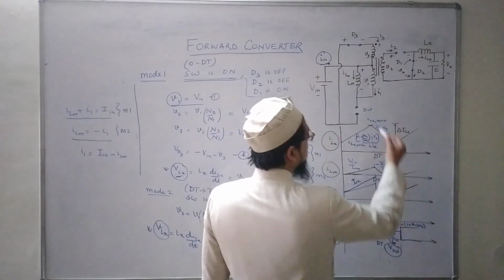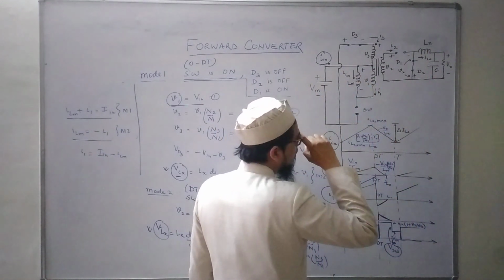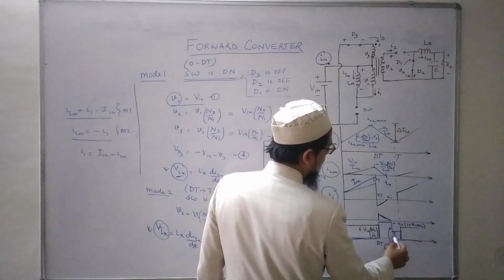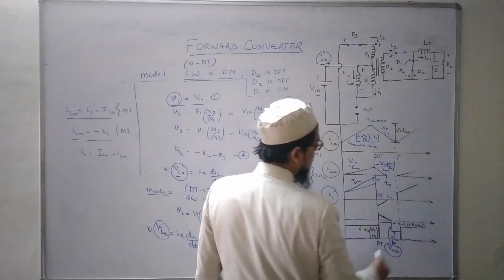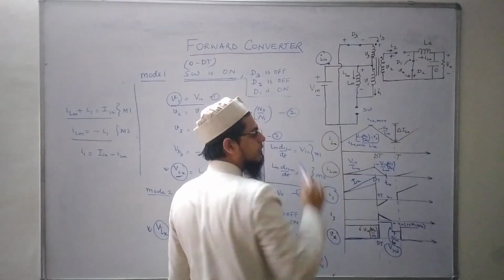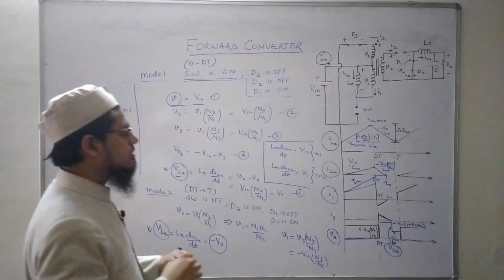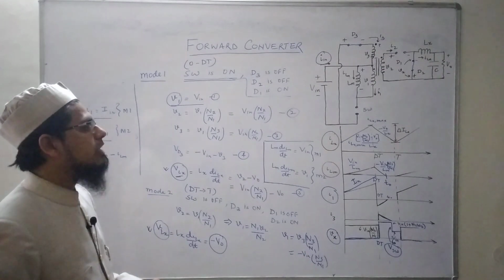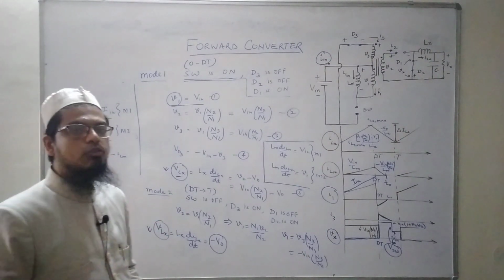And similarly, when the current stops flowing through LM, the voltage appearing across the switch would be V in. So this is a description about the various waveforms that are associated with a forward converter.